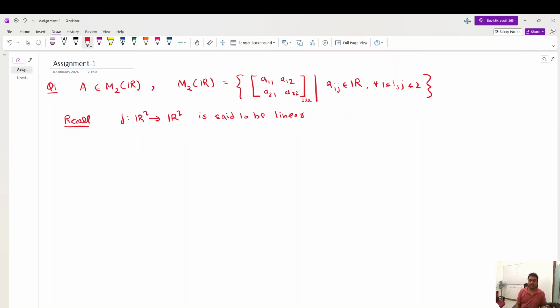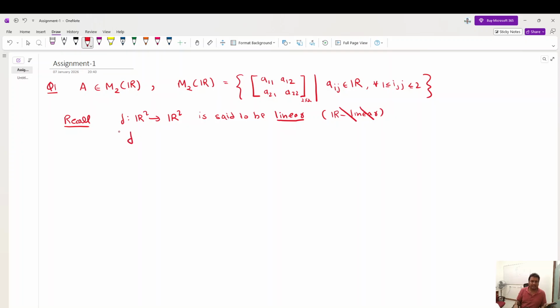We are starting, so we are defining things slowly. I would not prefer here to call it R linear. So right now, apart from this terminology, we are just using this term linear. Okay. So what's the definition?